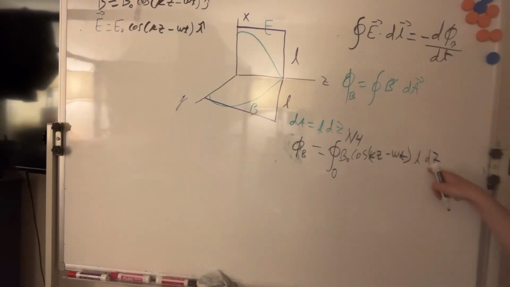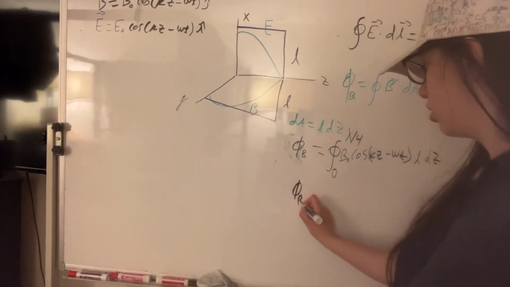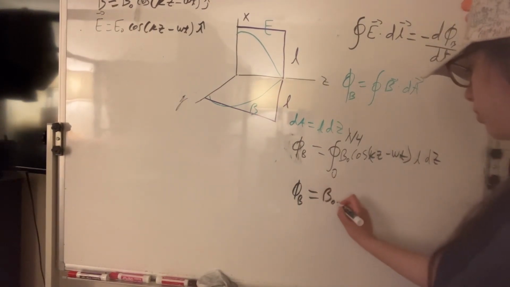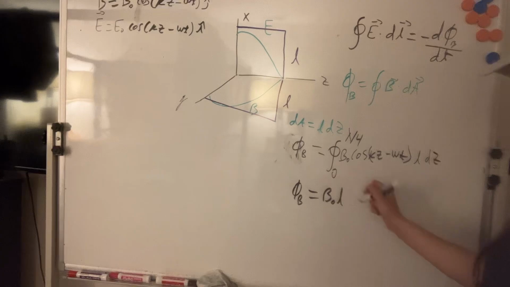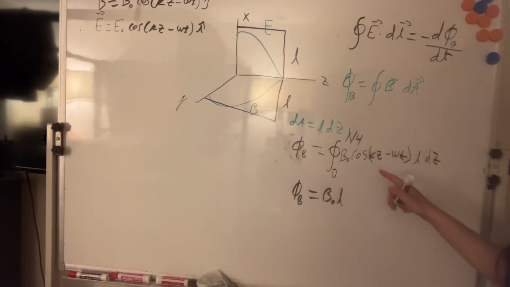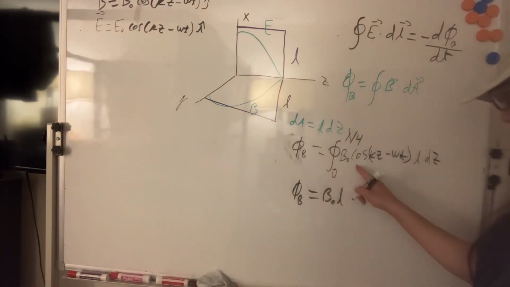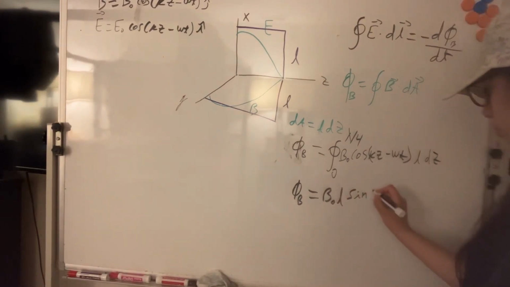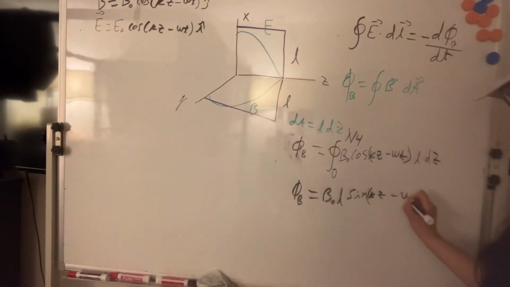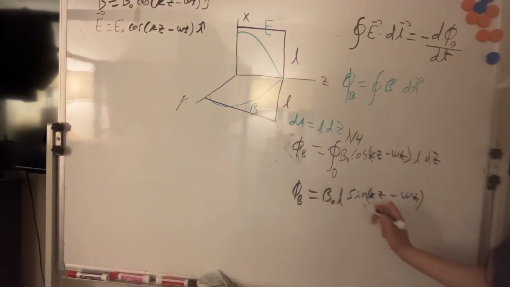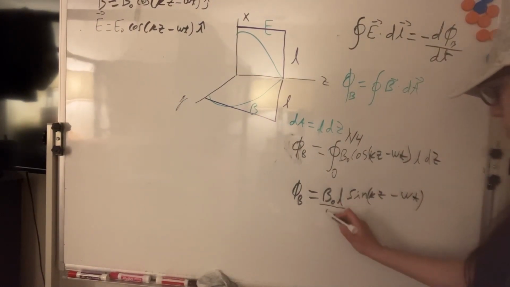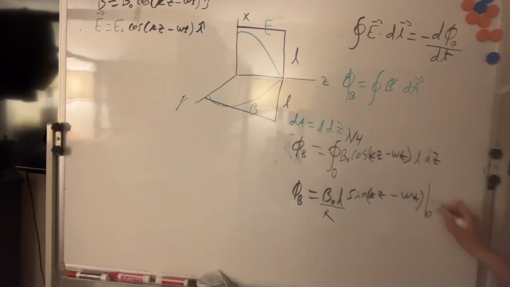I'm integrating with respect to dc, so I can take B0 and L out of the integration as constants. So I have B sub 0 L times the integral of cosine of (kc minus omega t). The integral of cosine would be sine of (kc minus omega t) divided by k, and this goes from 0 to lambda over 4.